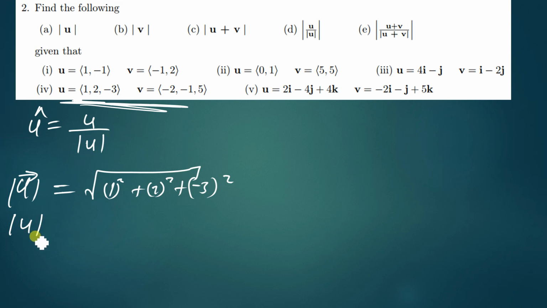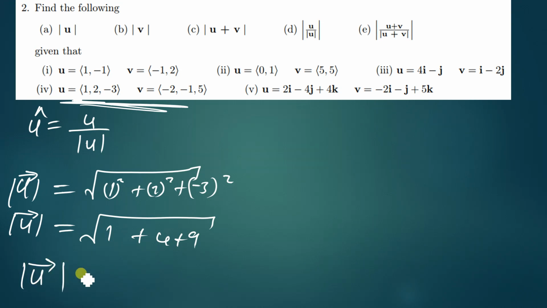The magnitude of u is therefore going to be the root of 1 plus 4 plus 9. So when you add these, you get the square root of 14. So the magnitude of u is simply the square root of 14.